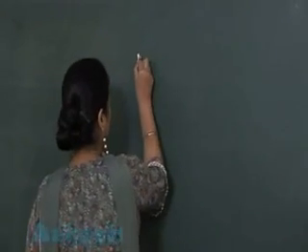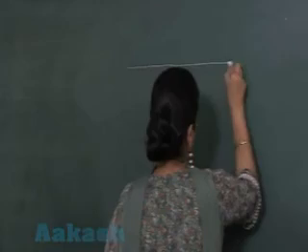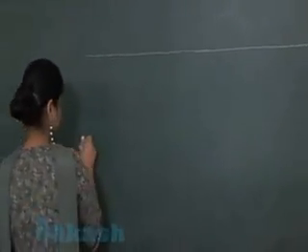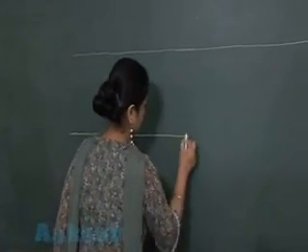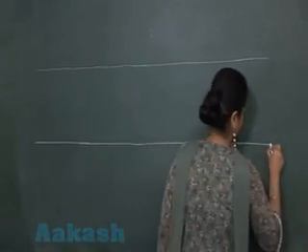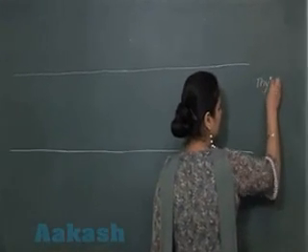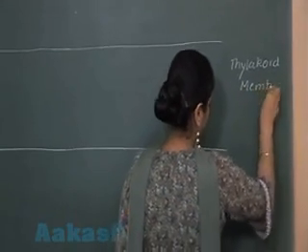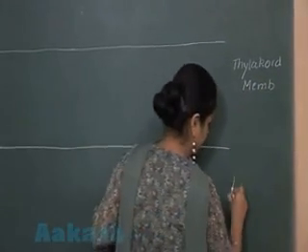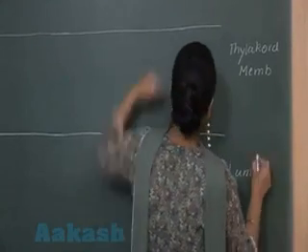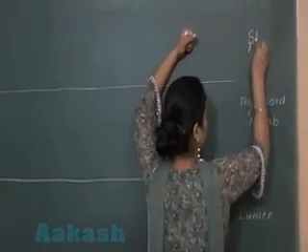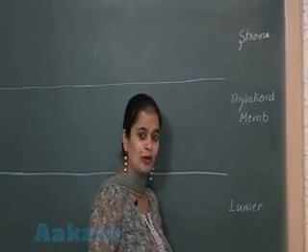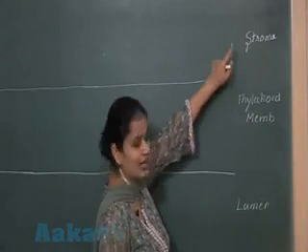So let's say this is the thylakoid membrane. The space we are making on the inner side is the thylakoid lumen. On the outer side, the space we are making has a fluid present, that is the stroma. Yes, a colloidal protein complex is present, which is known as stroma.